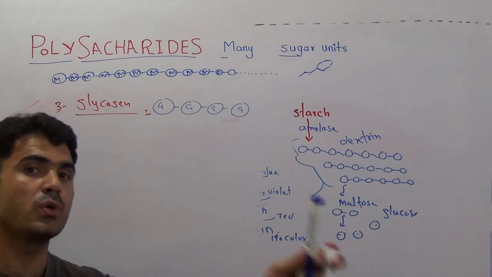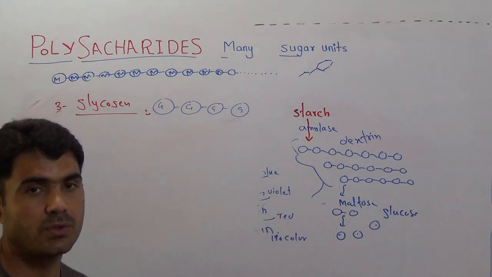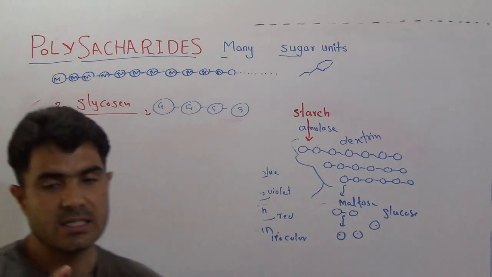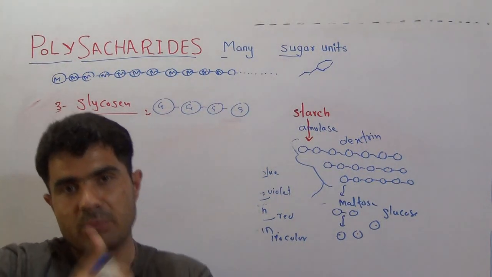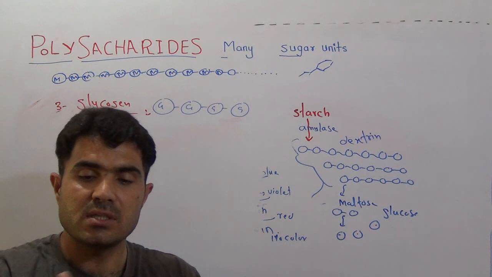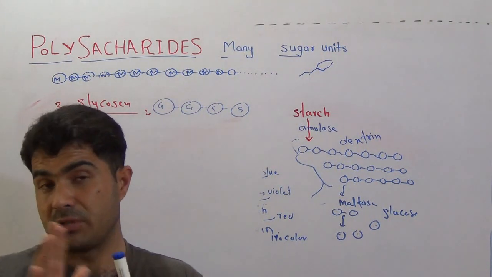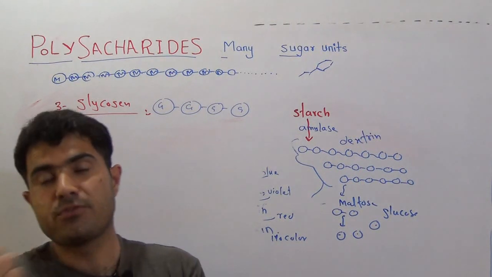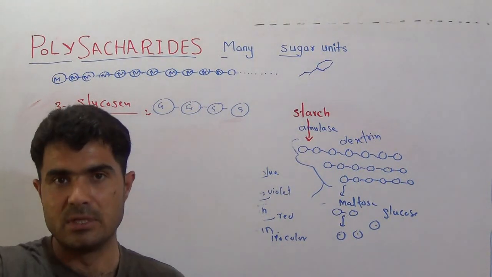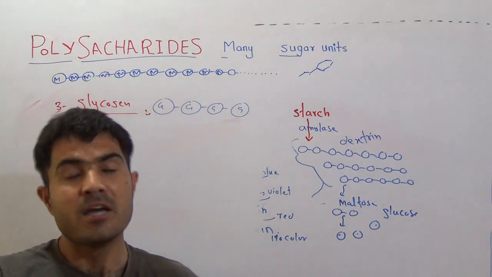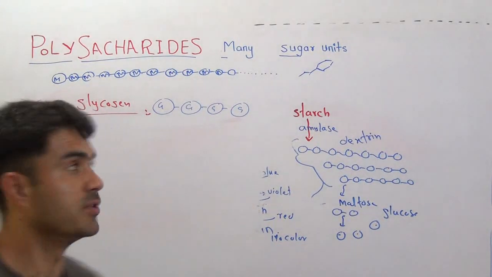Starch also contains glucose units, glycogen also contains glucose units. There are two main differences. One, starch is the reserve food in plants, but glycogen is the stored carbohydrate in animals. So this is the main difference. Starch for plants and glycogen for animals. Even some fungi also contain glycogen.